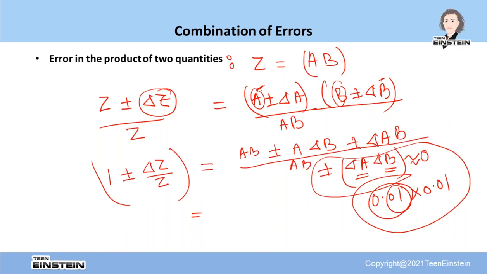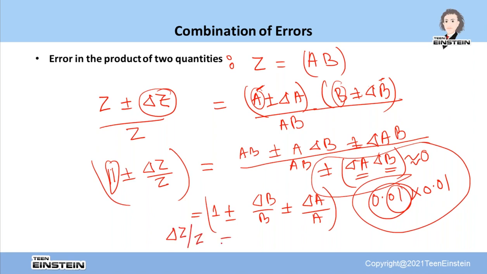So the remaining quantities are these. Dividing by ab, I can write plus minus delta b by b, then plus or minus delta a by a. So I got this. These quantities are identical, so I can write delta z by z as delta b by b plus delta a by a.